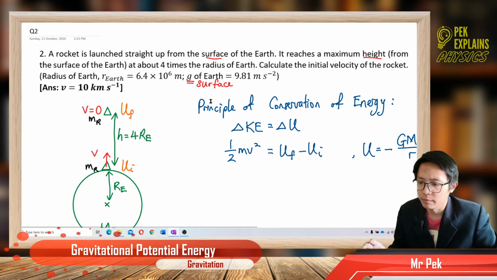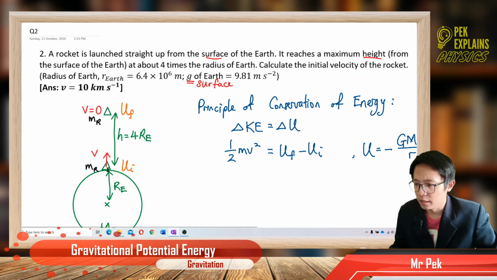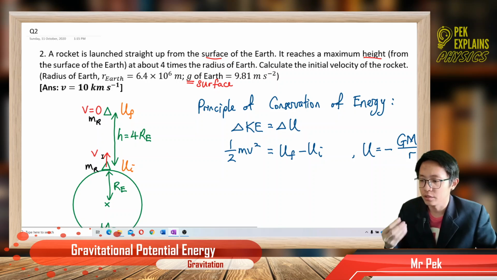this is actually about conservation of energy. Initially, at the Earth's surface, it is launched with initial velocity, meaning the rocket has kinetic energy. As it goes upward, the kinetic energy changes to potential energy, until all the kinetic energy has changed to potential energy.